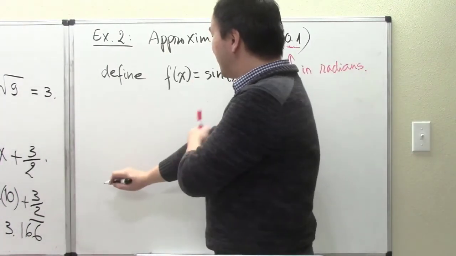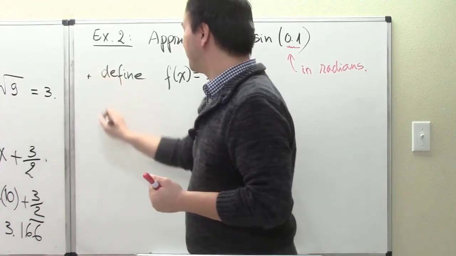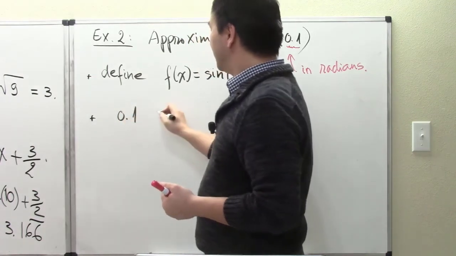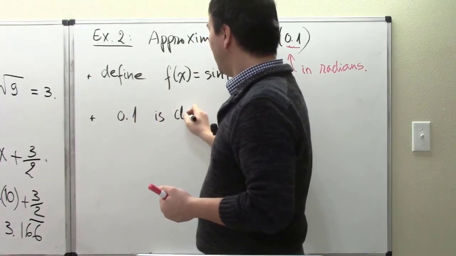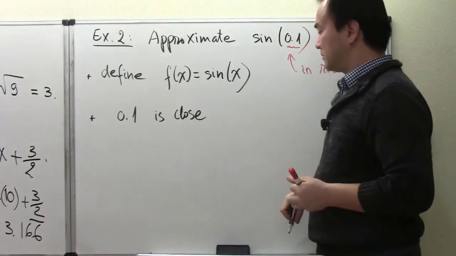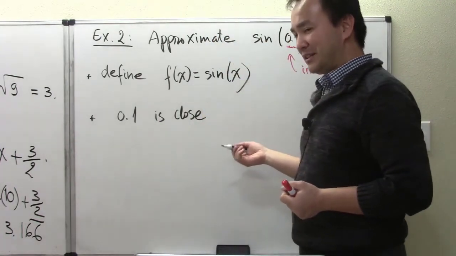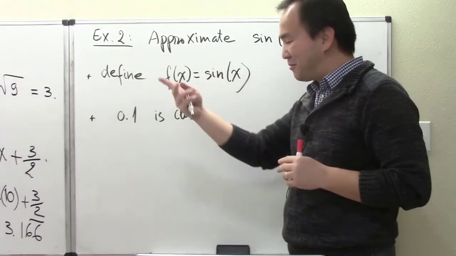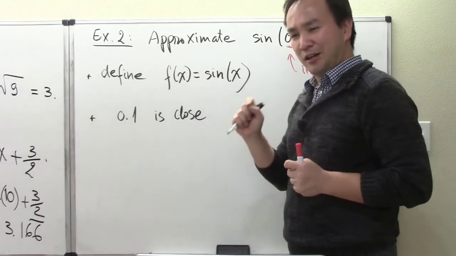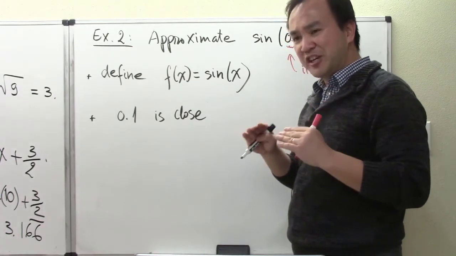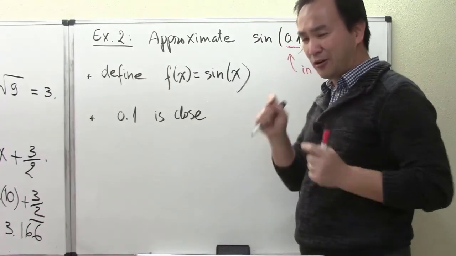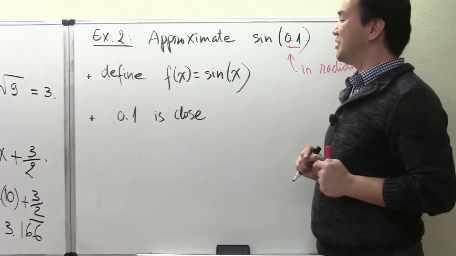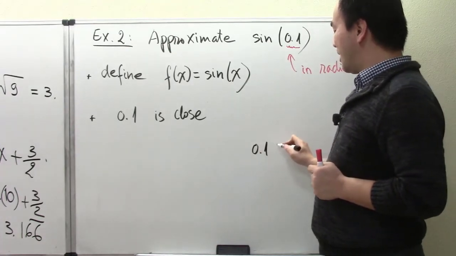From that point, the next thing to realize is 0.1 is close to, okay, close to what? Remember the idea, the strategic plan in the earlier 2 problems. We want to choose a point close, and really we're not aiming at judging how close is good, but it's about close and easy to be substituted into the function. So 0.1 can be close with 1.